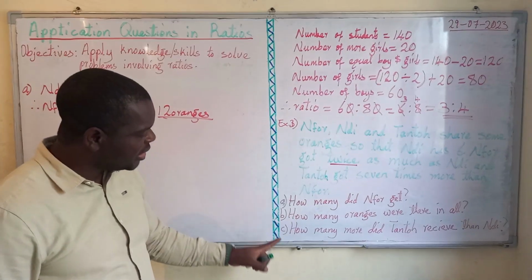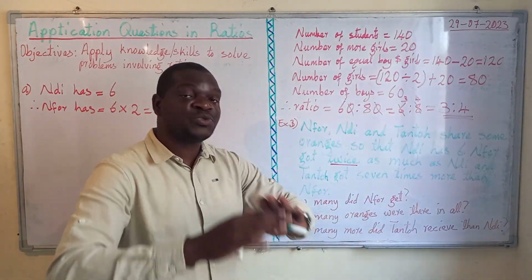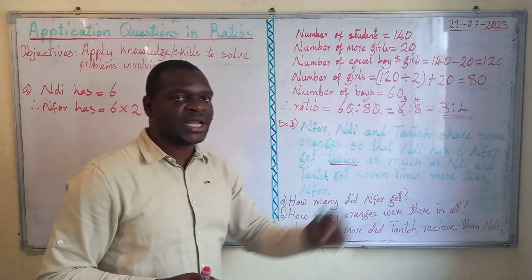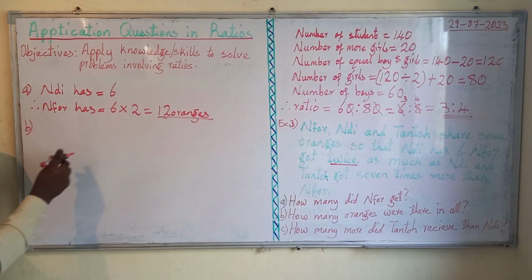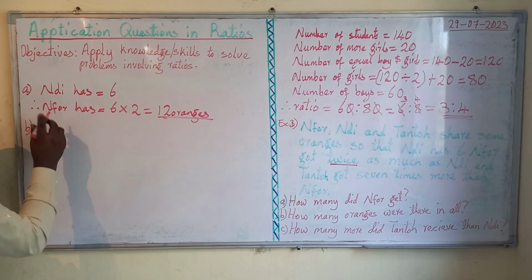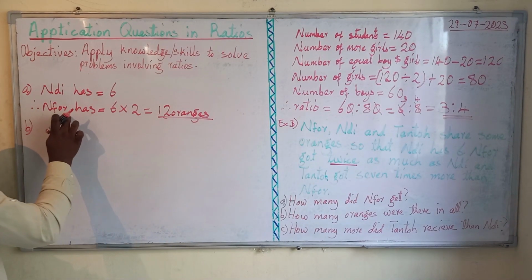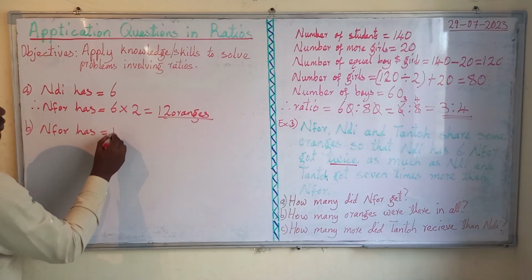Let's look at B. How many oranges were there in all? To know how many oranges were there in all, we must identify for Ndi and for Tanto. So at this level, we have to identify Tanto's share. We have Ndi and Mfo. And to know Tanto's share, we need to outline Mfo's share. Mfo has 12 oranges.